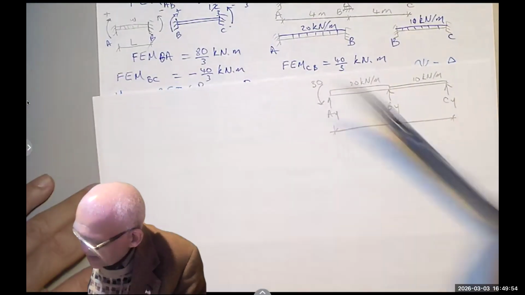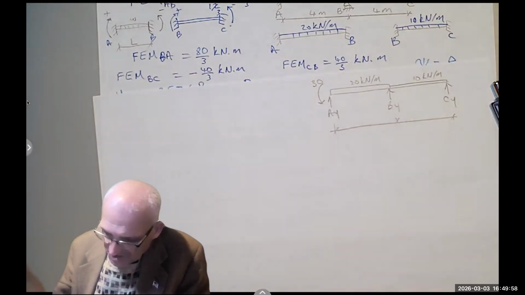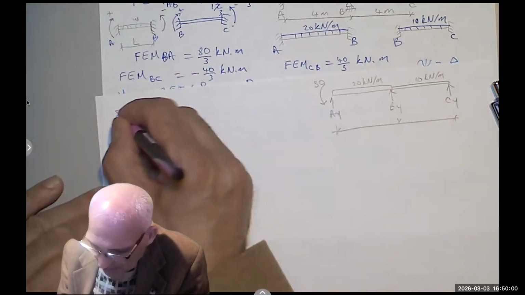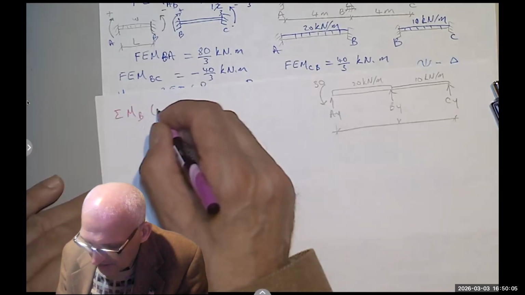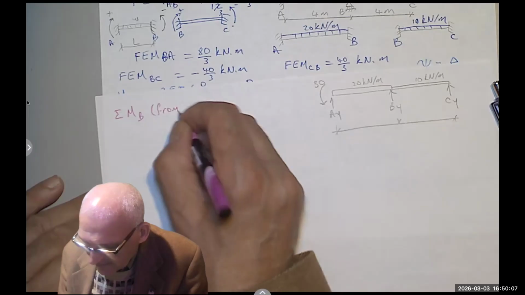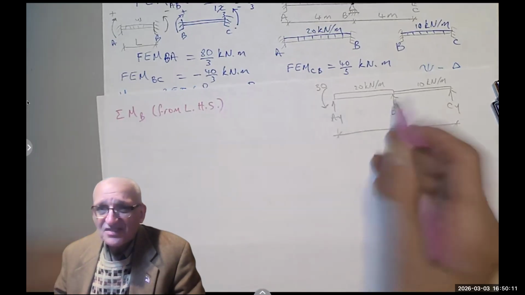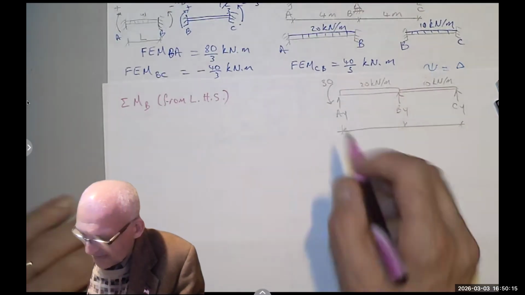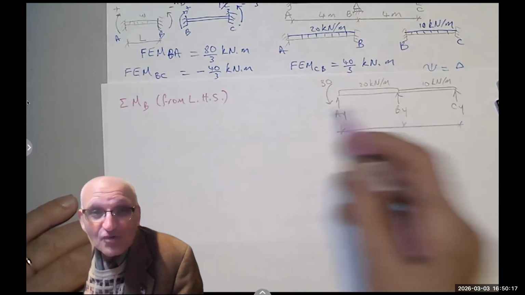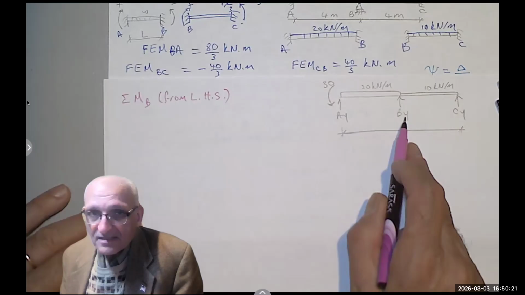So we'll get the summation of the moment about B just from the left-hand side. Why? Because I already know the moment here. I cannot even take the moment for the whole beam because I have 3 unknowns, unless I say this is 60.